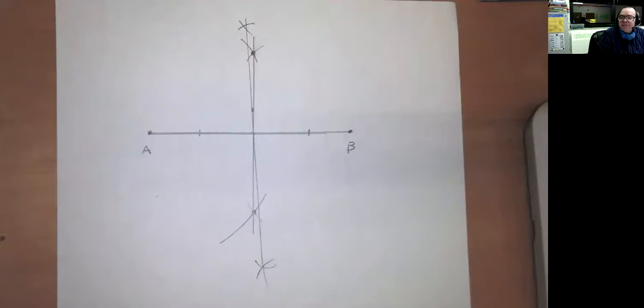If you haven't bought one yet, you need to get right on that, because one of the homework assignments I'm going to give you is to draw a line segment and bisect it using a compass and a straight edge, and send me a picture of it with all of the construction marks on it. Okay, so that's going to convince me that you're doing the work.